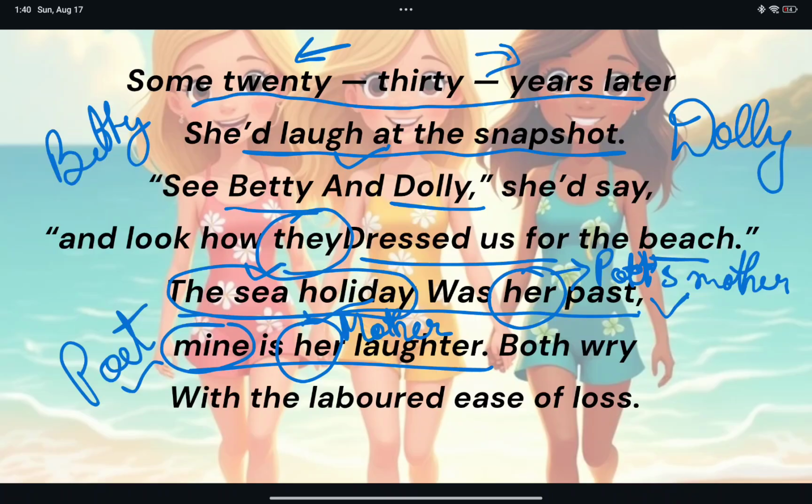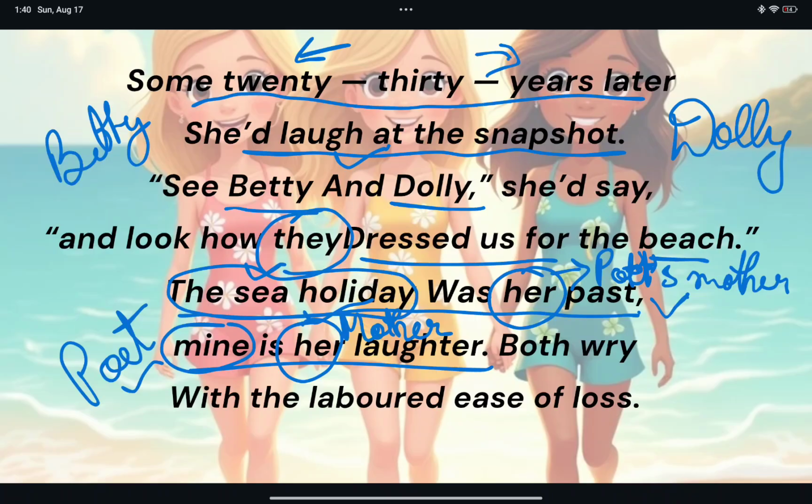And my past is my mother's laughter. How happy she used to be seeing this photograph. That memory is my past. Because my mother is no longer alive. But I remember seeing her being happy whenever she used to see this photograph. I remember how happy she used to be seeing this photograph and how she would remember the details and tell me about them. So, that memory of her mother is the poet's past.